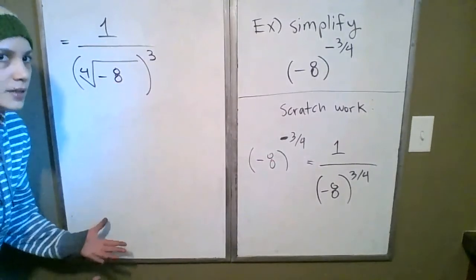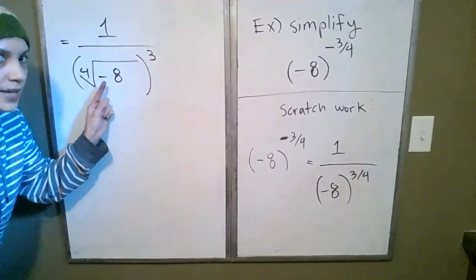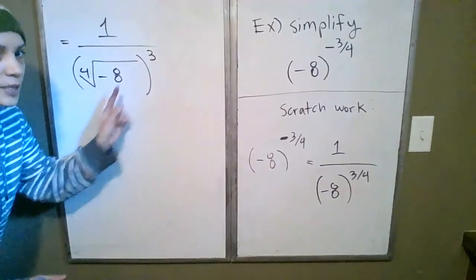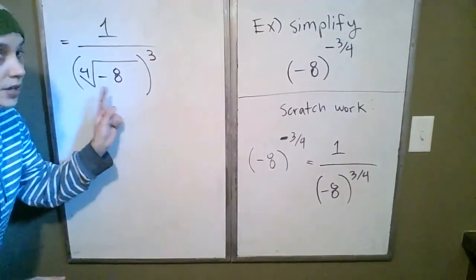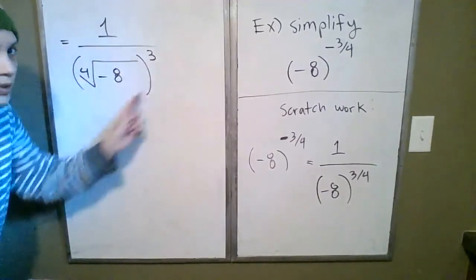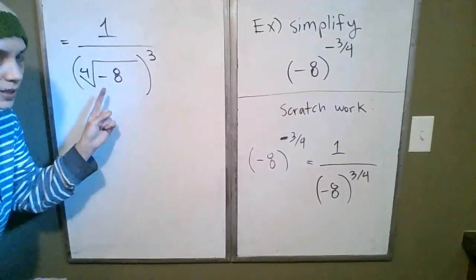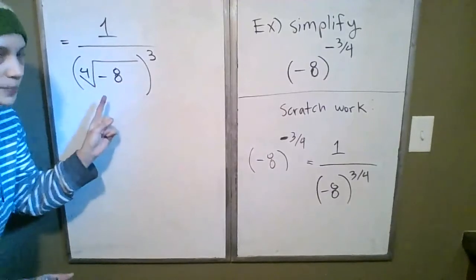And then we're stuck because you have an even root of a negative number. So since this part right here is not a real number, this whole expression is not a real number. It's a complex number.